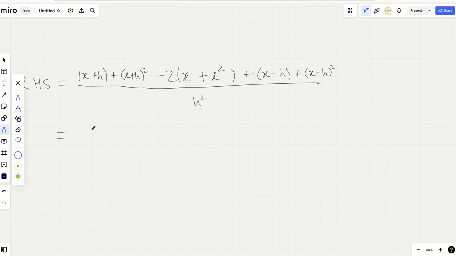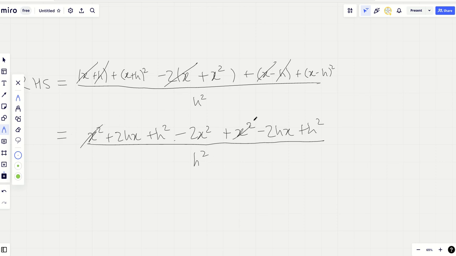Okay, so what have we got here? We've got, if we just do it like this, what's going to cancel? The h's are going to cancel, the h squareds, let's be careful. Yeah, they're not going to cancel. We're going to have x plus x, which is 2x, but minus 2x, they disappear, yeah? And then what you're going to be left with on the top here is an x squared plus 2hx plus h squared minus 2x squared, I've already dealt with a minus 2x, plus x squared minus 2hx plus h squared, yeah, all over h squared.